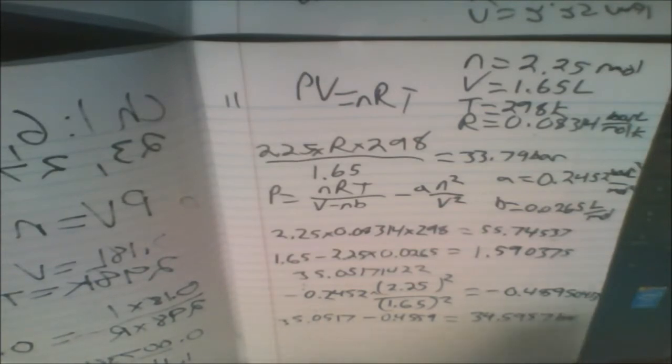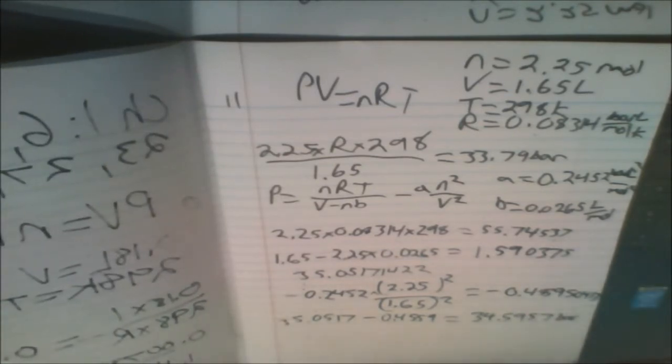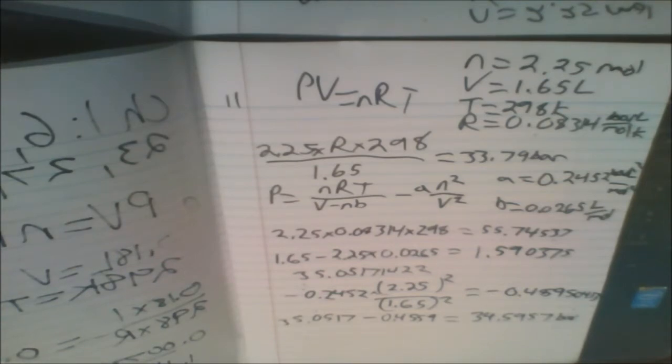So we need to compare our pressure ideal to our pressure real. So is this pressure higher? Is this pressure lower? Well, our pressure ideal was 33.79 bars. Our pressure real is 34.5. So we see an increase in pressure.